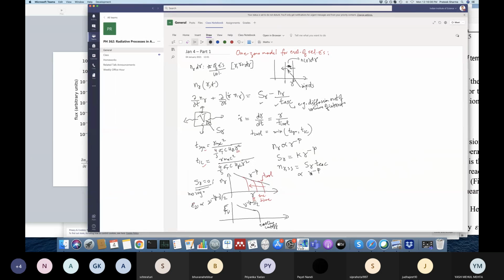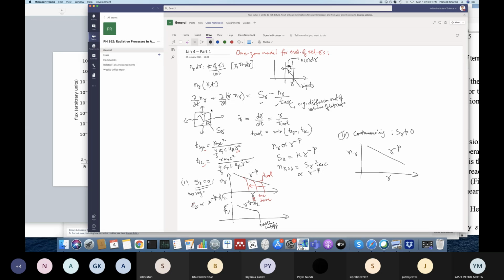Now the other case that we can consider is when you have continuous injection. In this case, S gamma is not equal to 0. Let's consider the same n gamma versus gamma situation. You have gamma to the minus p.